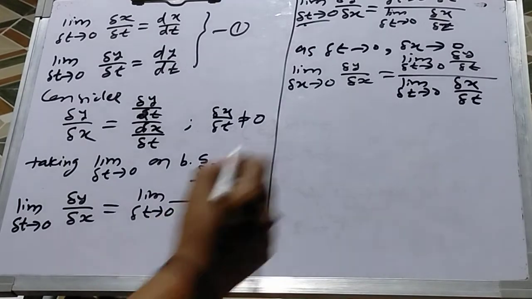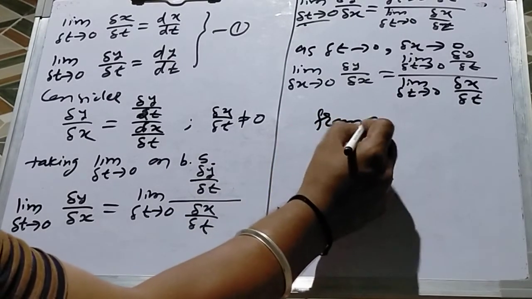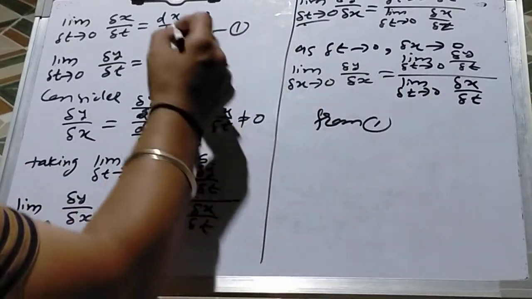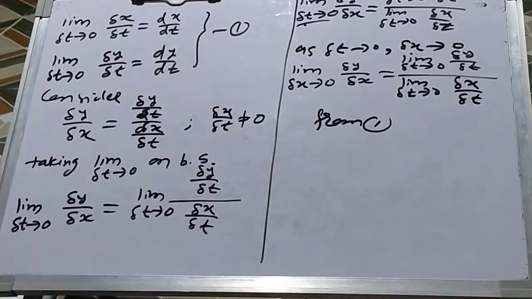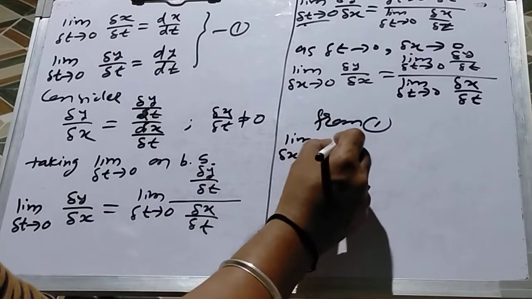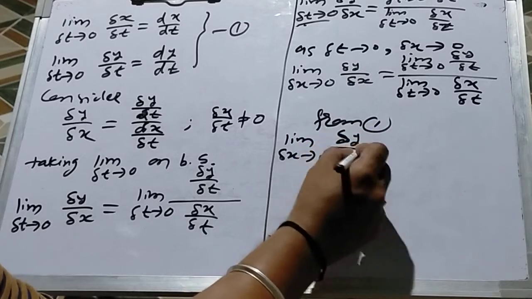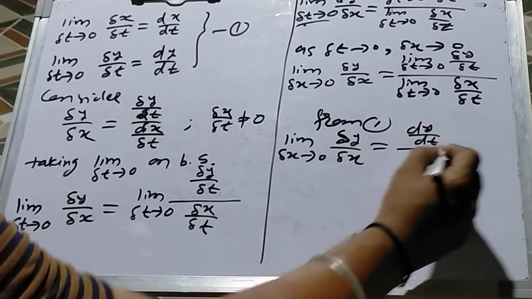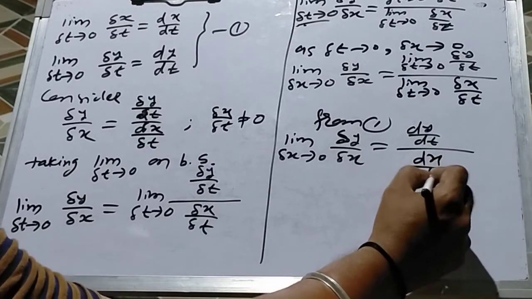Now from equation 1, the numerator can be written as dy by dt and the denominator as dx by dt. So limit delta x tends to 0, delta y by delta x equals dy by dt divided by dx by dt.